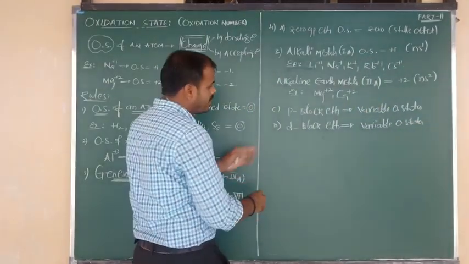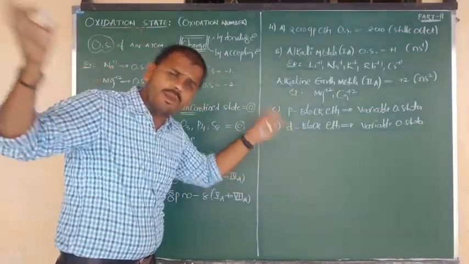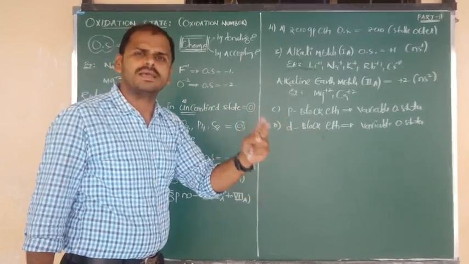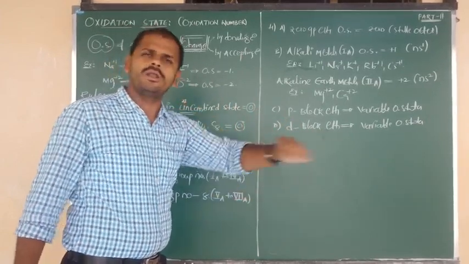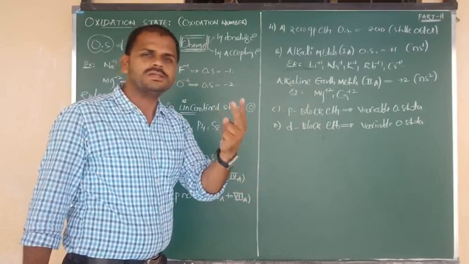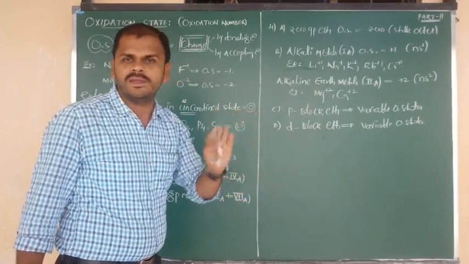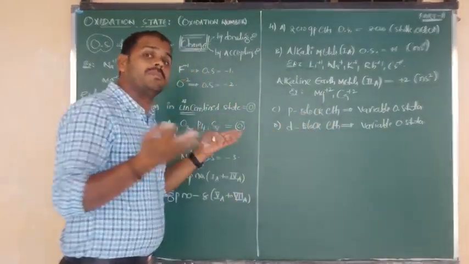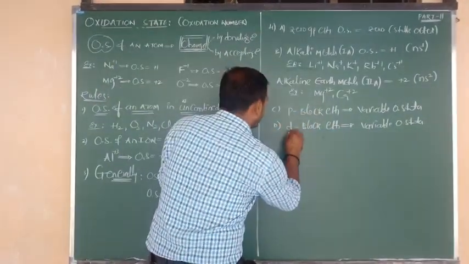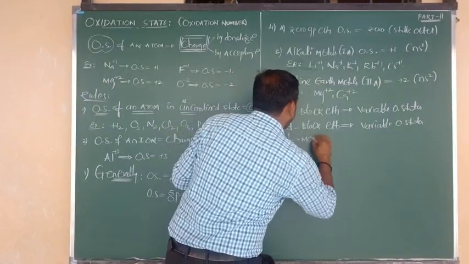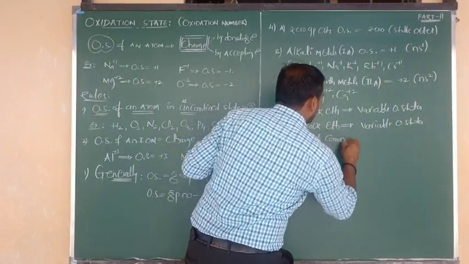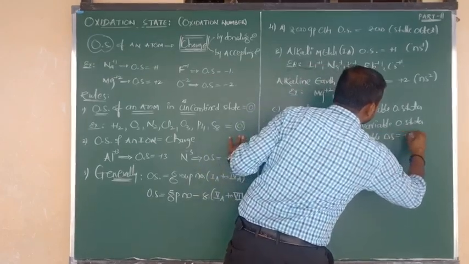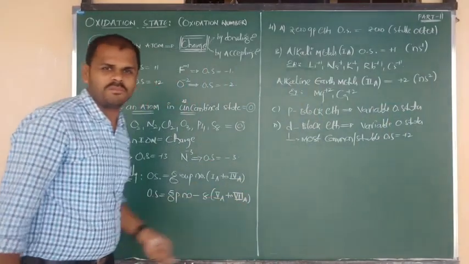But try to remember, of course D block elements show variable oxidation states, but the most common oxidation state is +2, meaning mostly all D block elements commonly show +2 oxidation state, and it is nearly the stable form. So the most common and stable oxidation state is +2. Apply this rule.